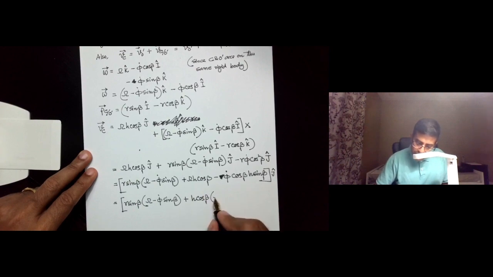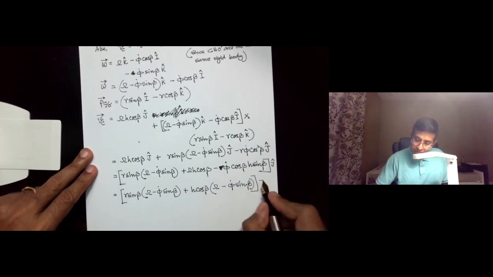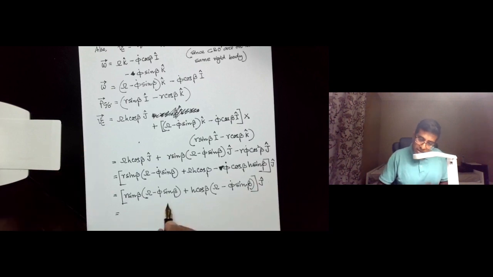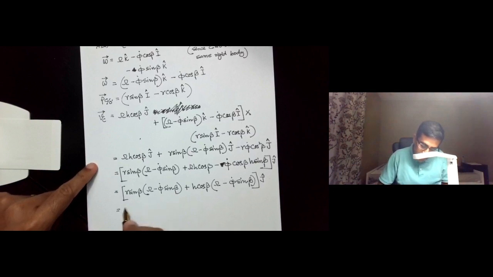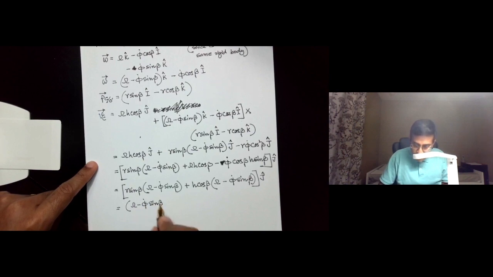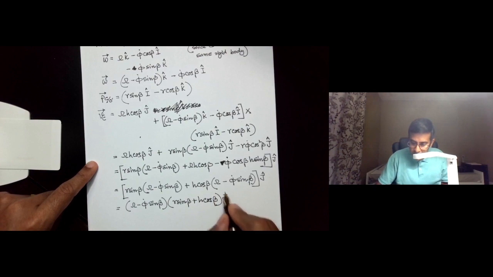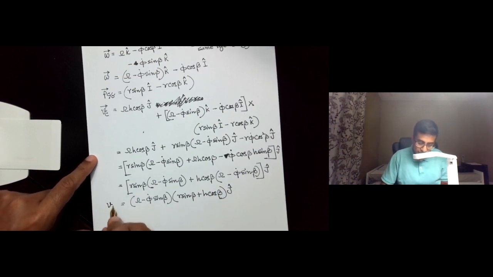So h cosine beta times omega minus phi dot sine beta j. Right? And so you can see that omega minus phi dot sine beta is a common factor here, so we can write this as omega minus phi dot sine beta times r sine beta plus h cosine beta j. That's VC.